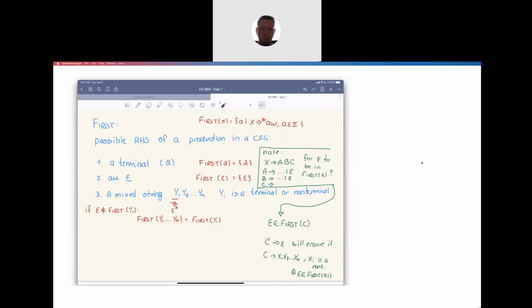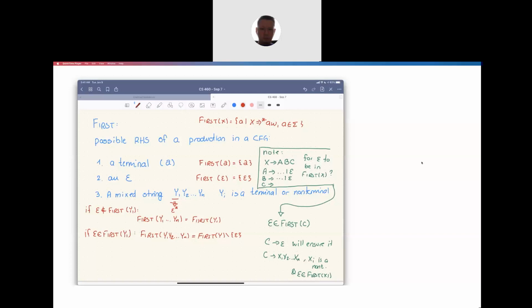But now what happens if epsilon is in the first of y1? Well, the first of y1, y2 dot dot dot yn is now equal to, well, we definitely need those terminals from first of y1, but we have to take the epsilon out, because I don't know that I can.